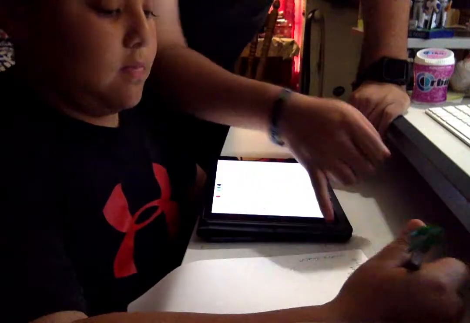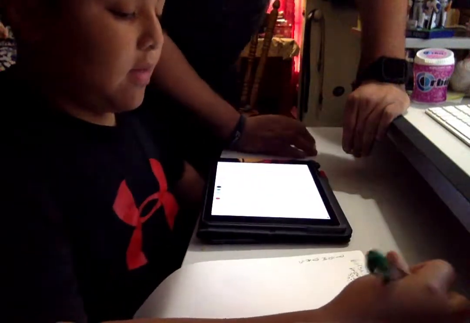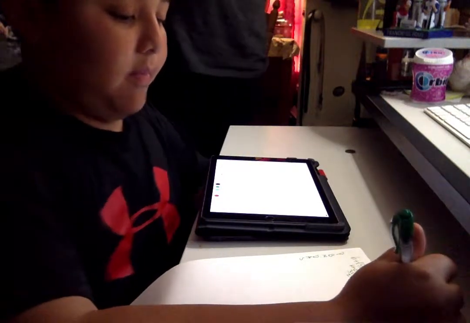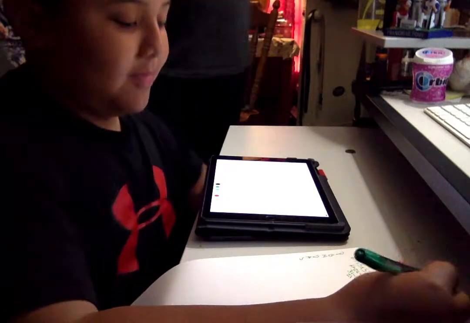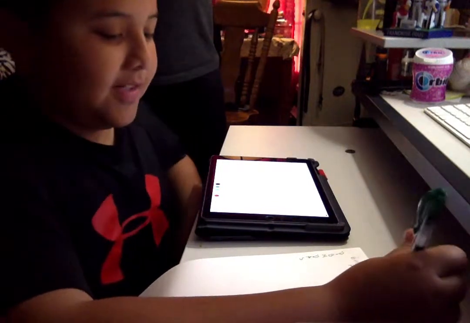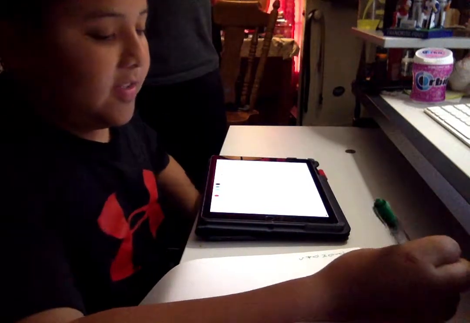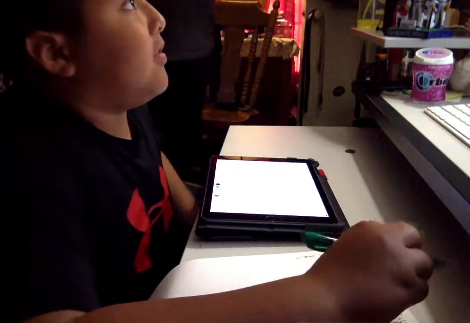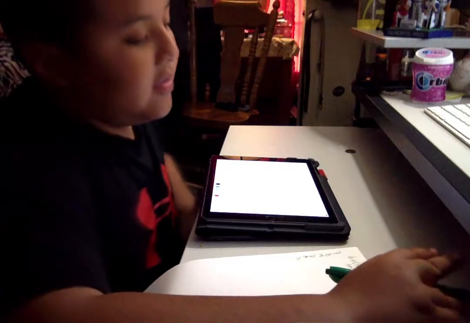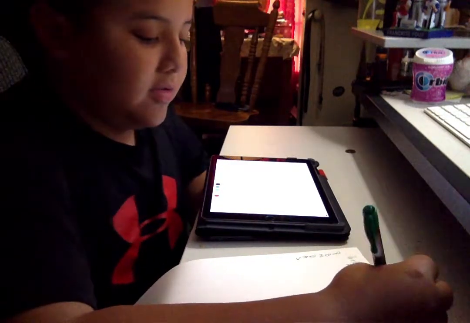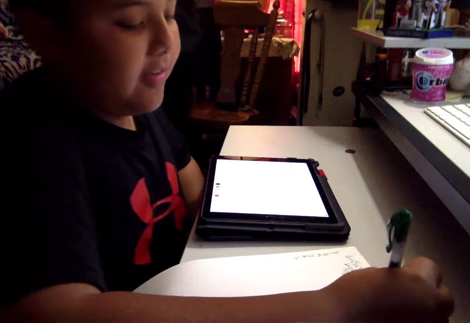Do this one by yourself using the order of operations. If you need me, let me know. Go to the parentheses. 21 plus 11. If there's any type of strategy you need to use, you need to make dots, boxes, lines, whatever you need to make. 32.